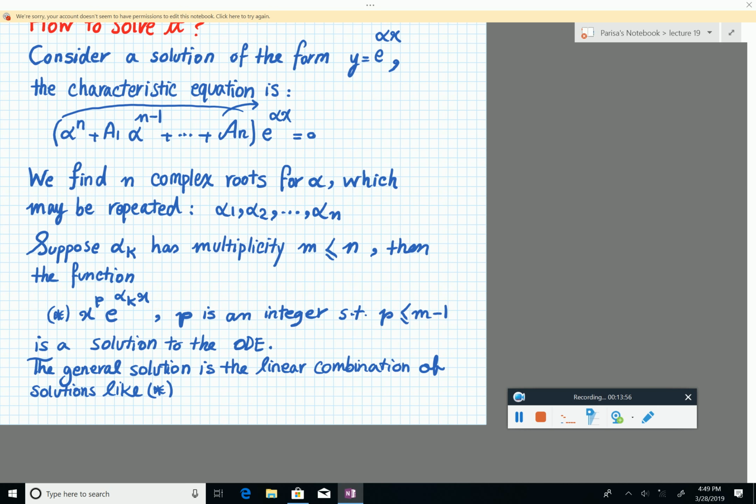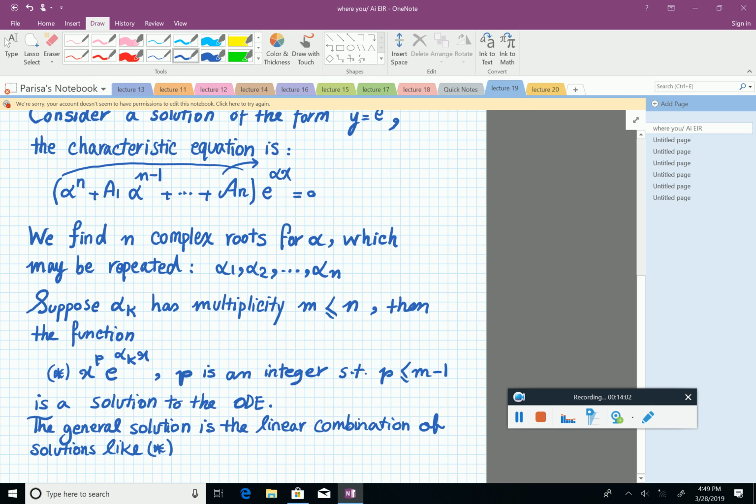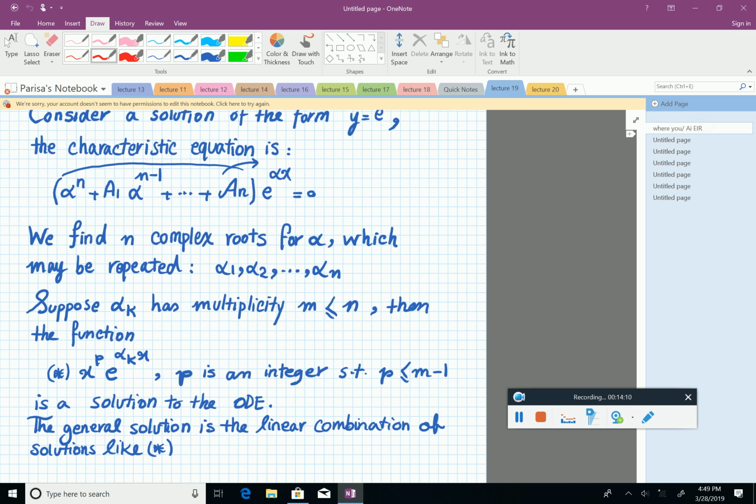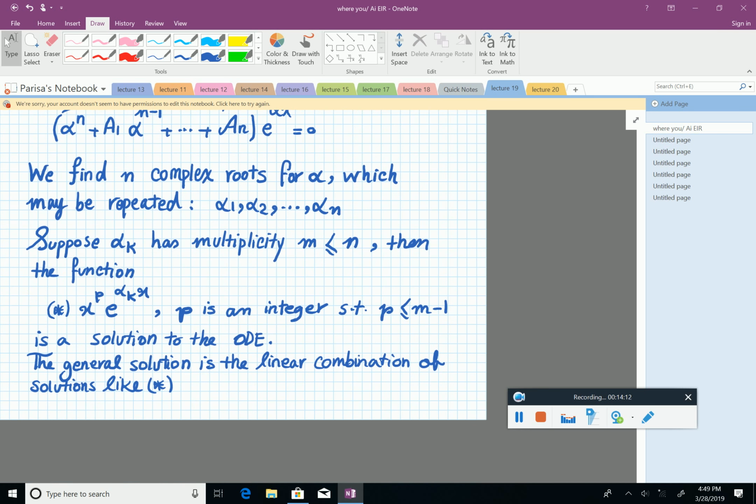Now let's go back to the biharmonic equation. Any questions about this? Prabha? Was it too fast? You wanted to write? Okay, sorry. I pick on Prabha, as you know, because he's my student and I like him.